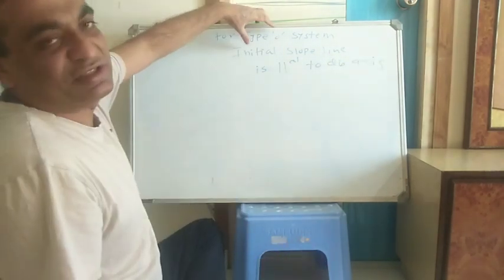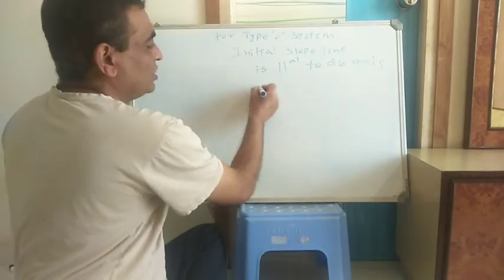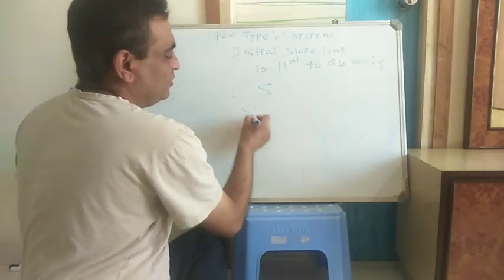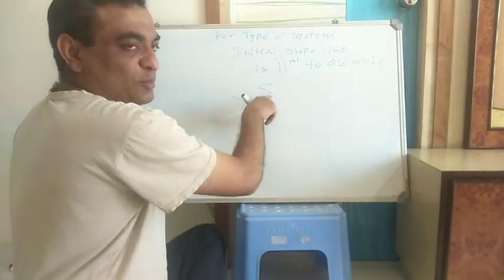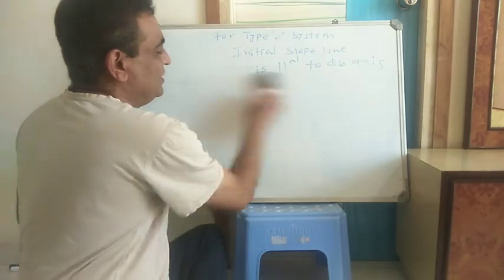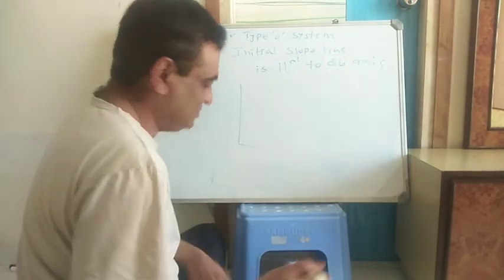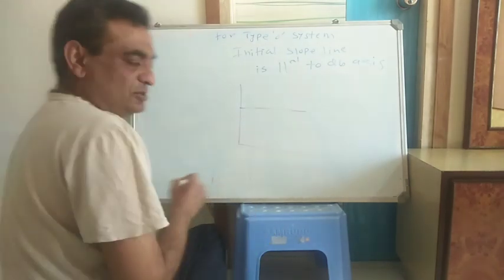Type 0 system means neither pole nor zero at origin. So there is no s term in the numerator, or there is no single s term in the denominator. In that case, the initial slope line is parallel to the 0 dB line.